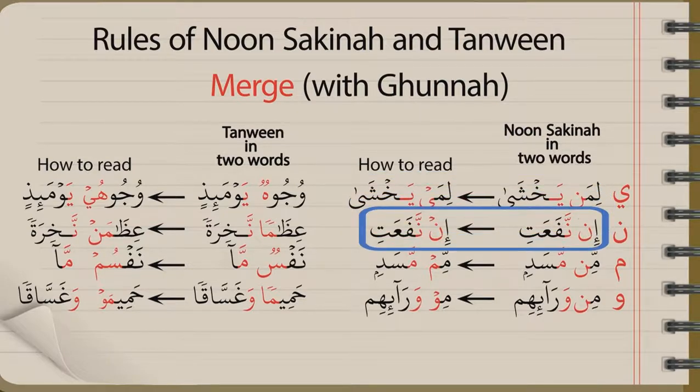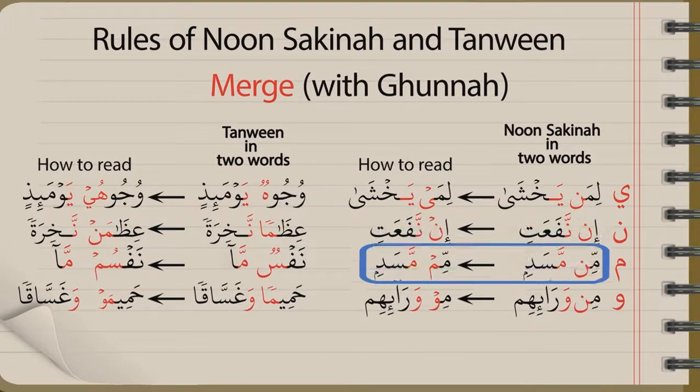With the Noon, the second example, in nafa'ati. We have here Noon Sakina followed by Noon from the merge rule with gunna, but it's the same letter. So there is no change, only the gunna. I read it in nafa'ati, in nafa'ati. With the mim, min masadin.